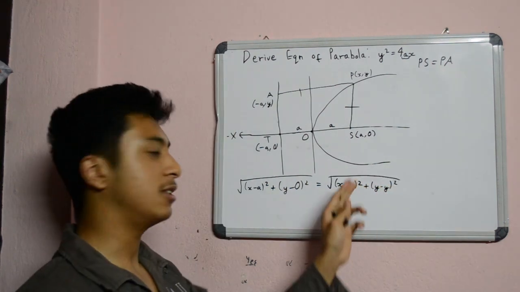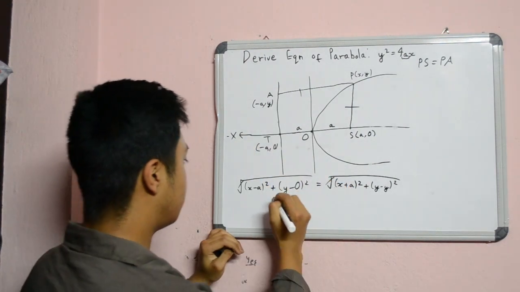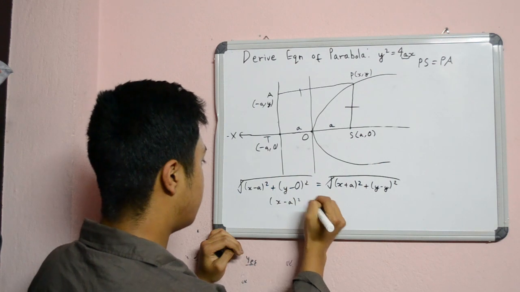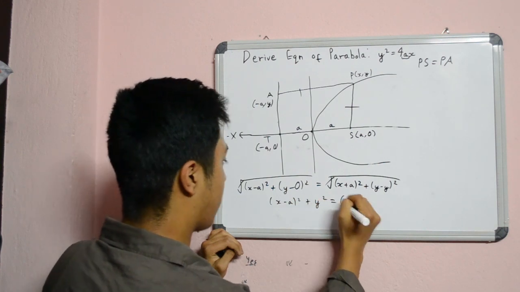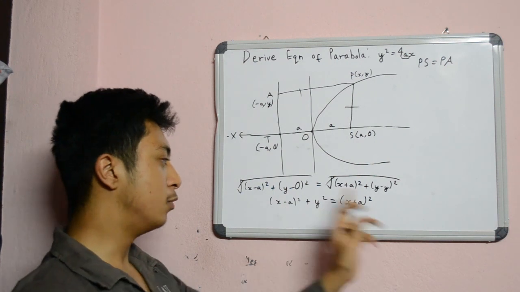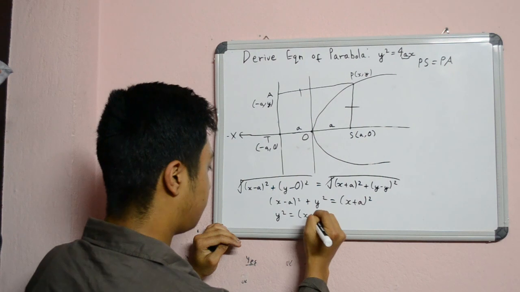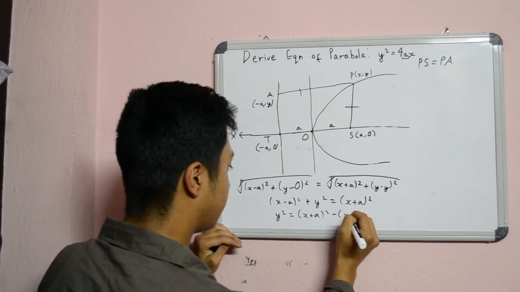From here it's just simple algebra. Square both sides, which gets rid of the roots. You'll have (x minus a) whole squared plus y squared equals (x plus a) whole squared. In the next step, you can just move this over here. So y squared equals (x plus a) whole squared minus (x minus a) whole squared.